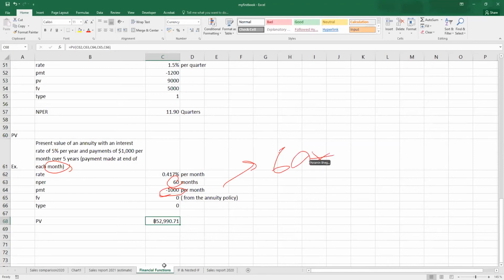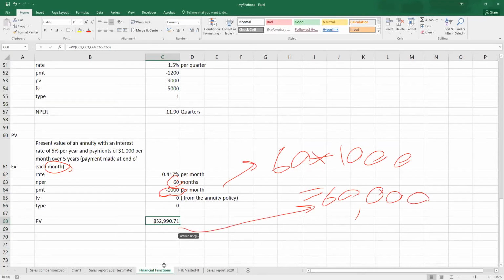If you just calculate straightforwardly, 60 times 1,000, you get $60,000. But when you compare with the present value here, the amount of money that you really have to pay totally is 60,000, but how come the present value is 52,990? As I told you earlier, you cannot withdraw the money straight away.